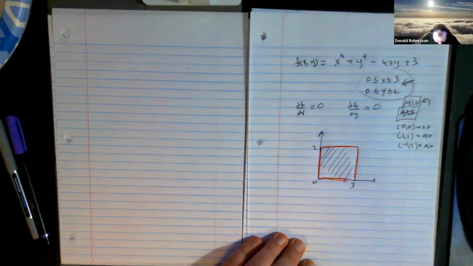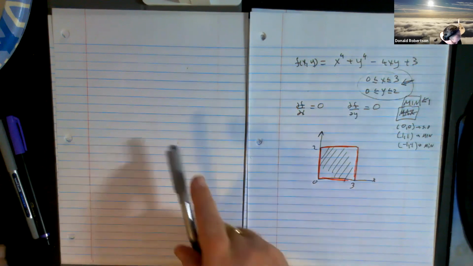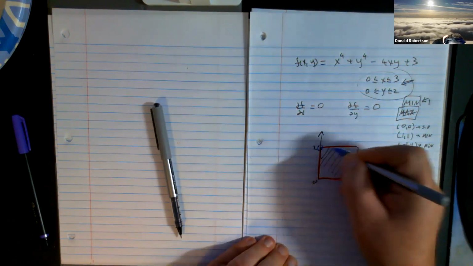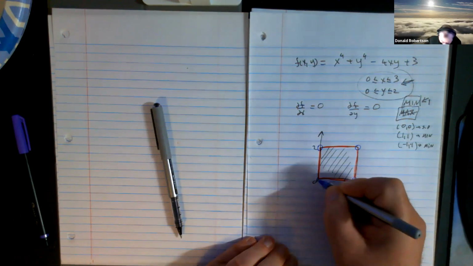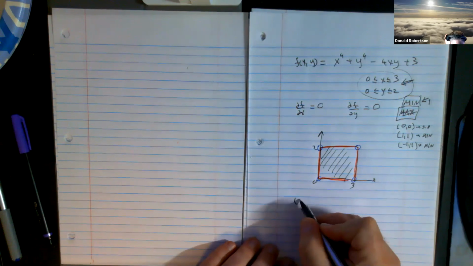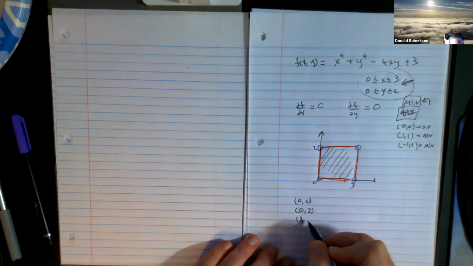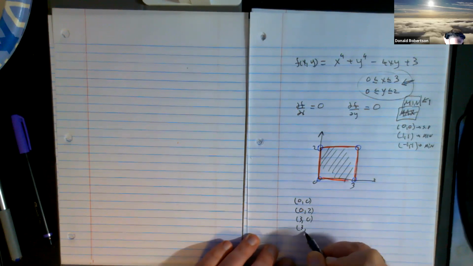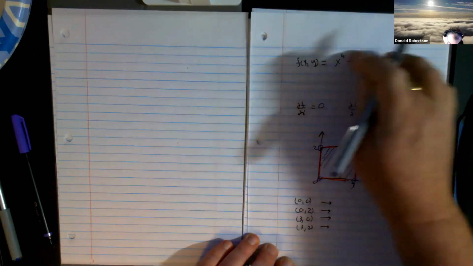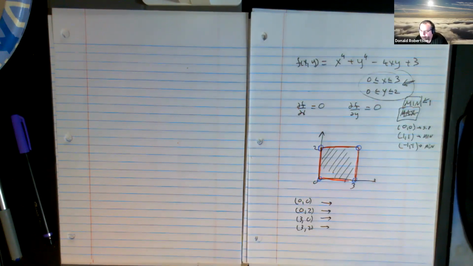Now, technically speaking, you should just check the boundaries, but in fact, there's a shortcut. All you need to do is check the corners. So check 0, 0, 0, 2, 3, 0, and 3, 2. And one of those guys will give you a value to the function that's bigger than 1, and that's the maximum that you're looking for.